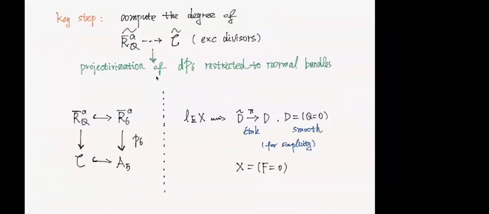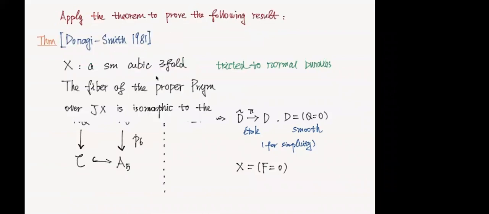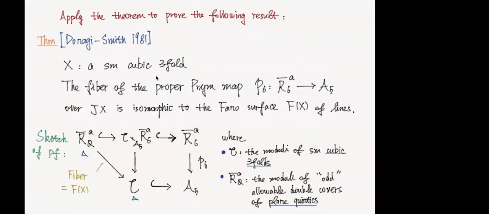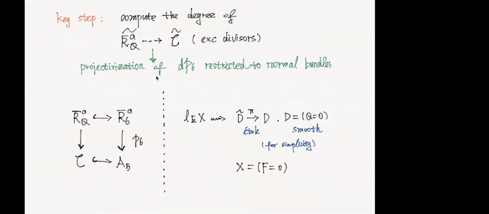Okay, so then what we have to do is we need to look at the blow up. We need to blow up this stuff and look at the map between the exceptional divisors. Okay, and these exceptional divisors are just projectivizations of normal bundles. So this map is essentially the projectivization of the differential map restricted to the normal bundles.